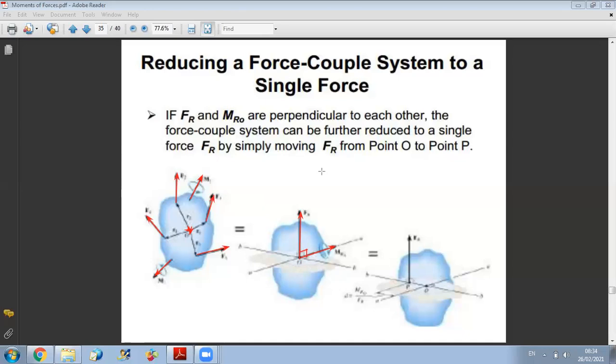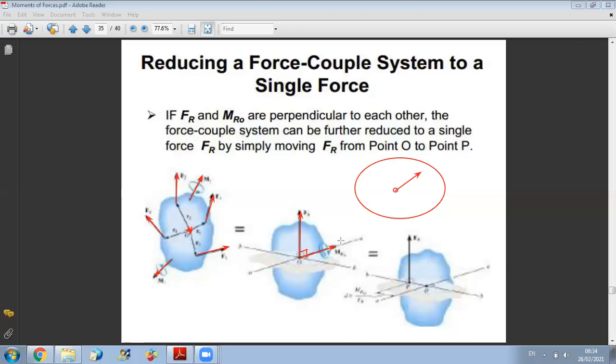Why? Because when you work in a 2D problem, all forces will be in the XY plane. And then the resultant force will be in XY, while the moment will be along Z. So it will be perpendicular to the force. So in many cases, when you reduce your system, you reduce it to one force and one moment vector that are perpendicular.